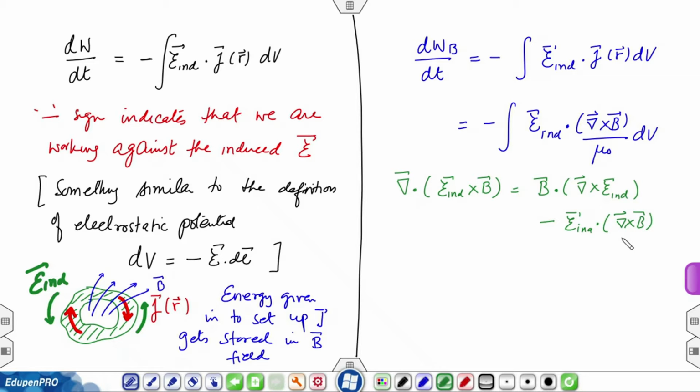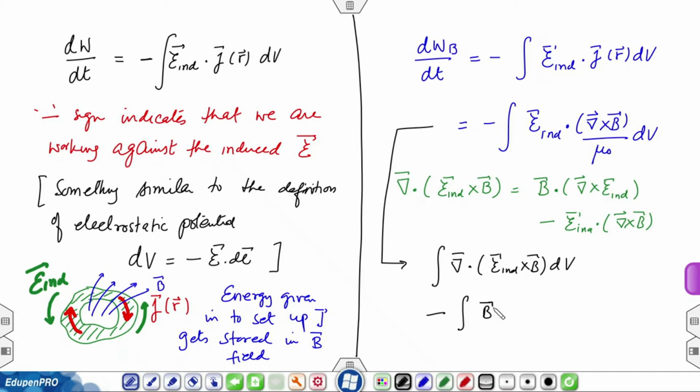And using this, I can write this equation as, I am after minus E induced dot curl B. So, this is going to be equal to integral of divergence of E induced cross B dV minus integral B dot curl of E induced dV, and there is a 1 over mu 0 all over.